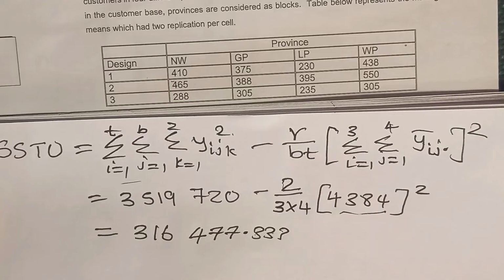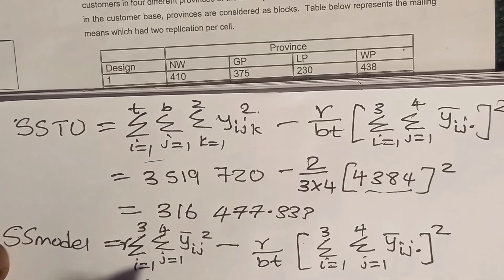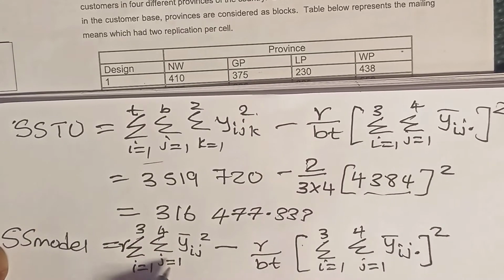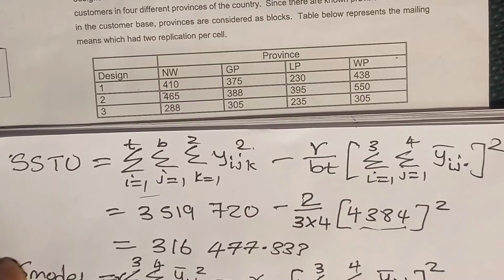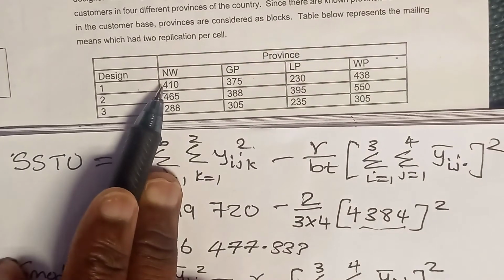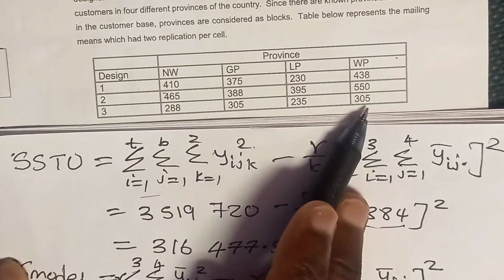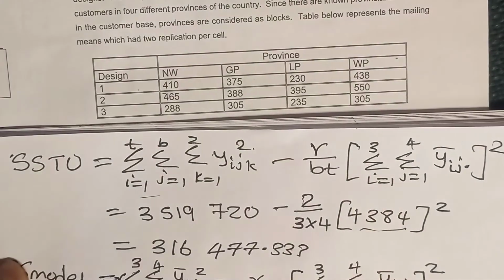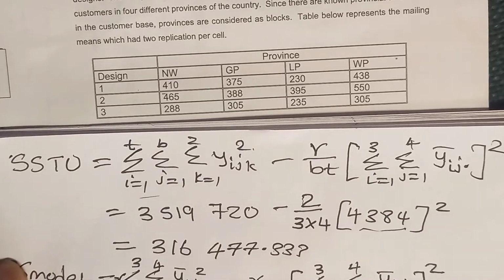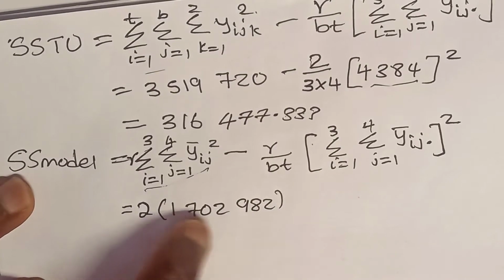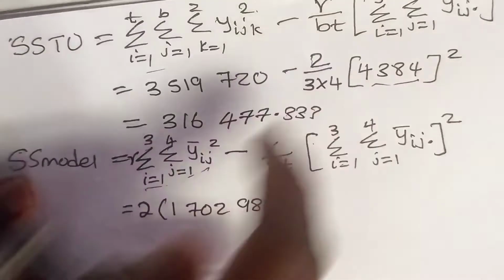316,477.333. For SS model, we need the overall sum of the mean of each cell squared, which is 410 squared plus 375 squared plus 230 squared until you add 305 squared. On this part you get 1,702,982 minus this part here.